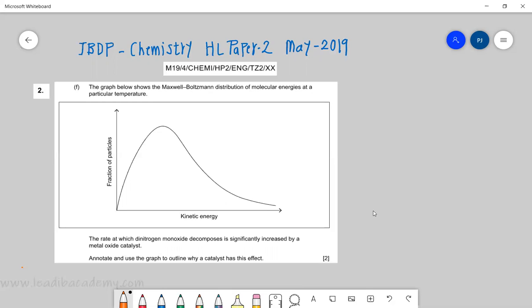So let's say this is the original activation energy, which I will call EA. It means only this fraction of molecules is going to contribute, the number of molecules contributing to the reaction, at a given temperature, and obviously this is without catalyst.